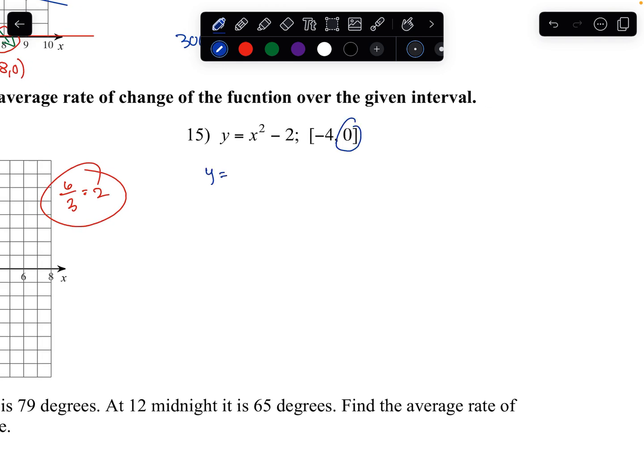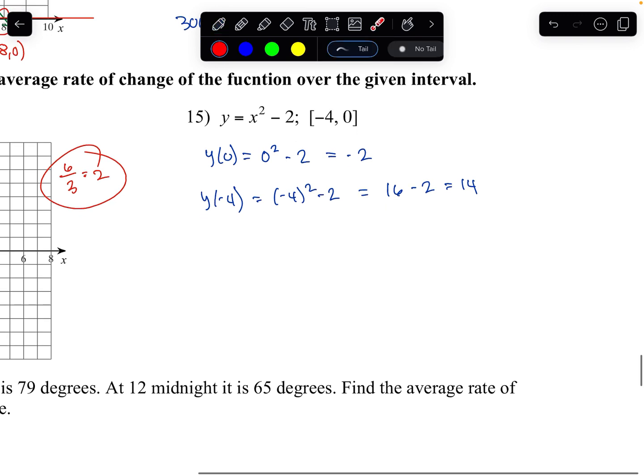If I plug in 0, I'm going to call it y of 0. If I plug in 0 for x, that's 0 squared minus 2, and that's just going to be negative 2. And then if I plug in negative 4, that's going to be negative 4 squared minus 2, which is 16 minus 2, which is 14.